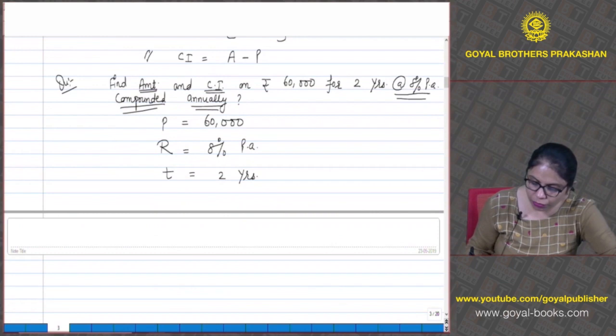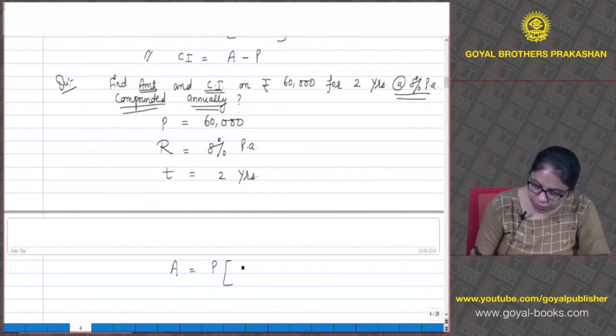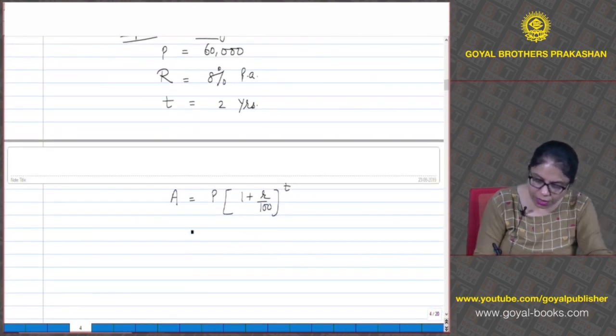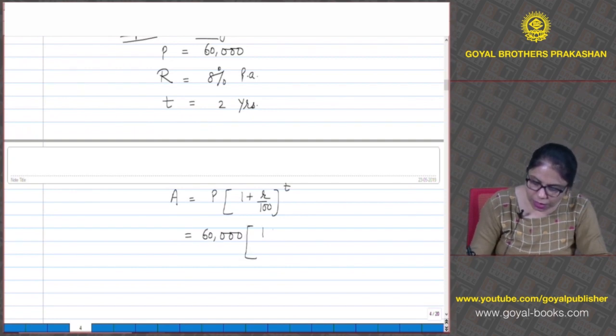First, we have to find the amount, which is principal times (1 + rate/100) to the power t.